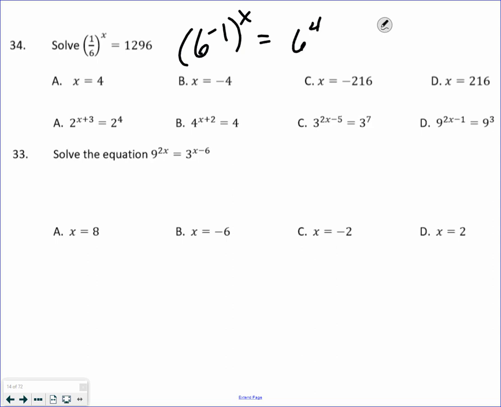So I got 6 to the negative x equals 6 raised to the 4th. If the bases are equal, the exponents are equal, so negative x equaling 4, I get x to equal negative 4.